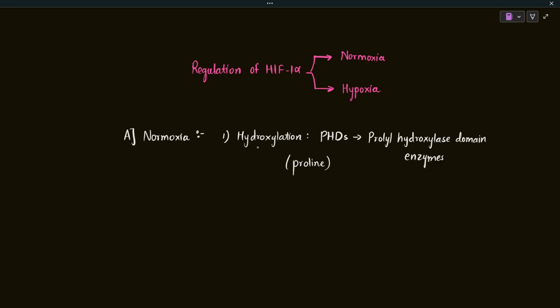So this hydroxylation marks the HIF-1 alpha for recognition by a protein known as von Hippel-Lindau protein. Due to the hydroxylation, the HIF-1 alpha can be recognized by the von Hippel-Lindau protein.